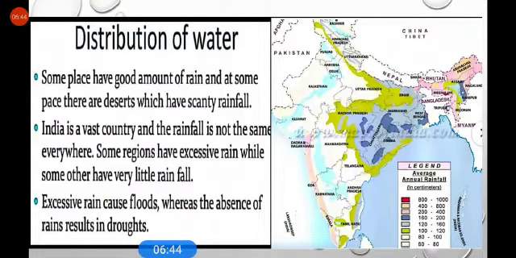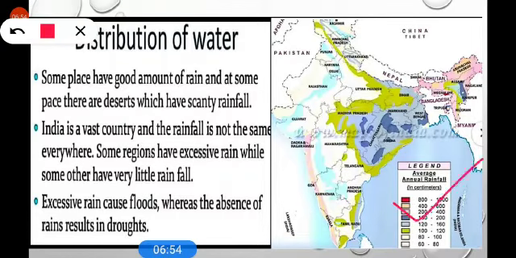If you see this diagram of distribution of water, somewhere there is more rain and somewhere there is very little rain. This map shows the average annual rainfall in centimeters. The average annual rainfall in Arunachal Pradesh is about 200 to 400 centimeters, and in Tamil Nadu it's about 100 to 120 centimeters.